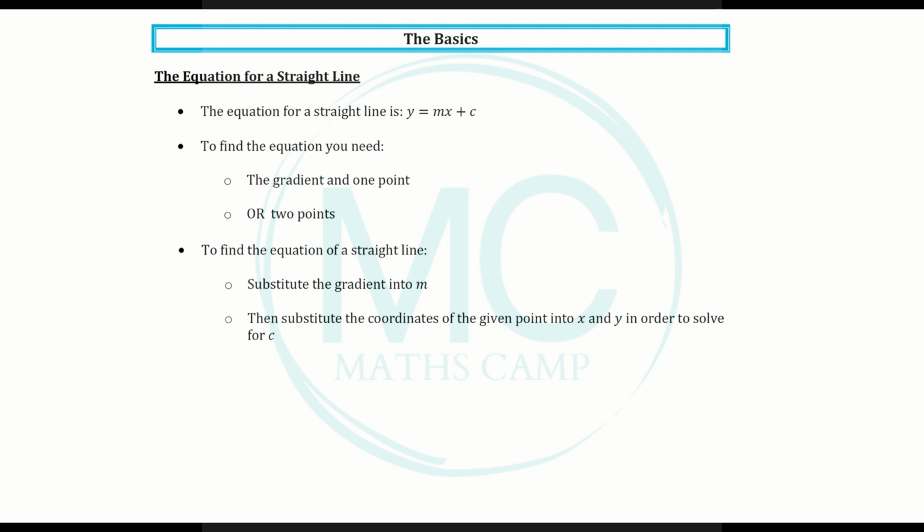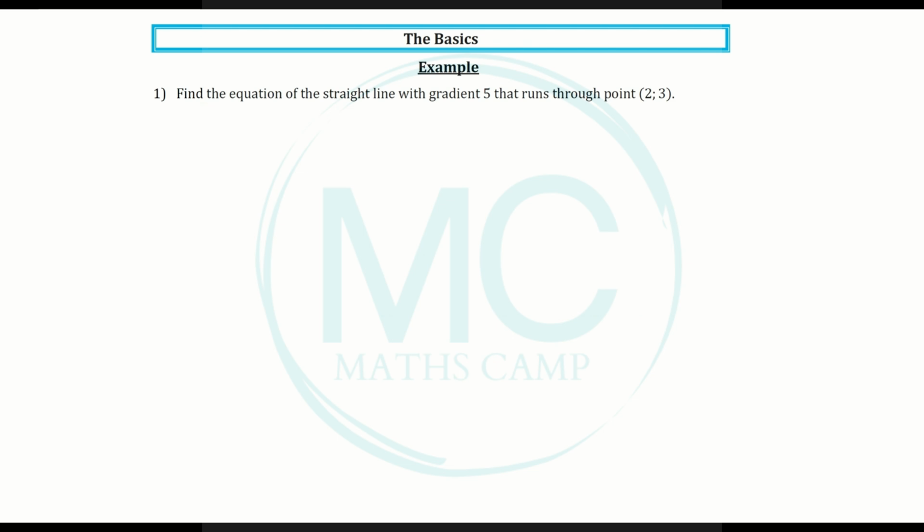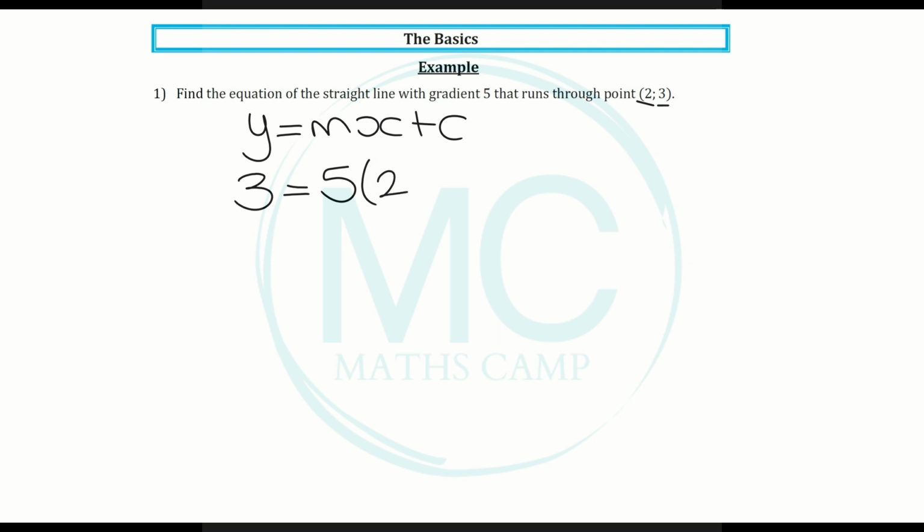So let's look at an example. Find the equation of the straight line with gradient 5 that runs through points 2, 3. Let's start with the equation of the line. y is equal to mx plus c. Our y coordinate is 3, so we can say 3 is equal to the gradient 5 multiplied by the x coordinate 2 plus c.